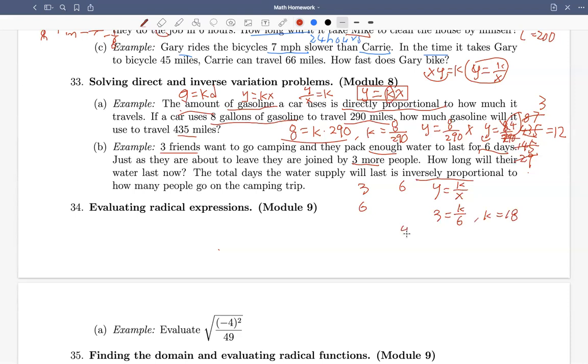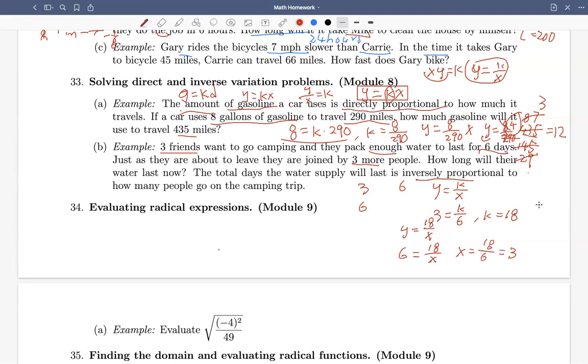So we have a formula of y equals 18 divided by x. So now 6 people, right? For how many days? We want to find out y. So y equals 18 divided by 6, which is 3 days.